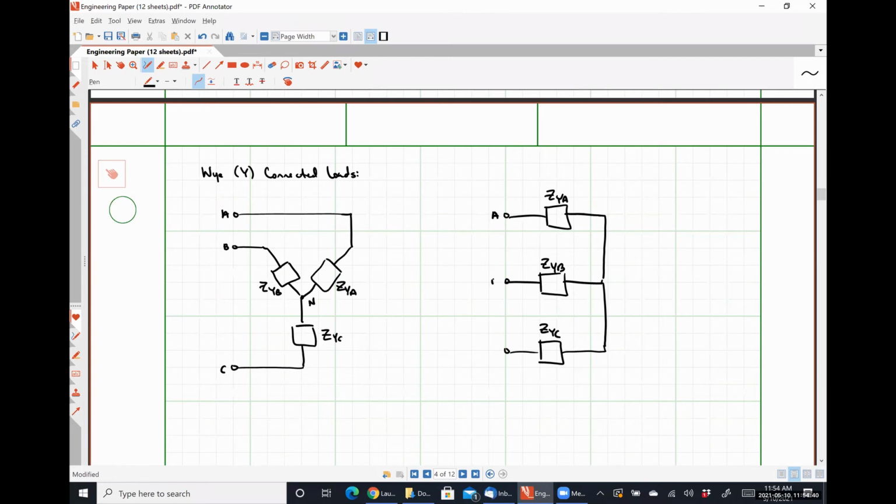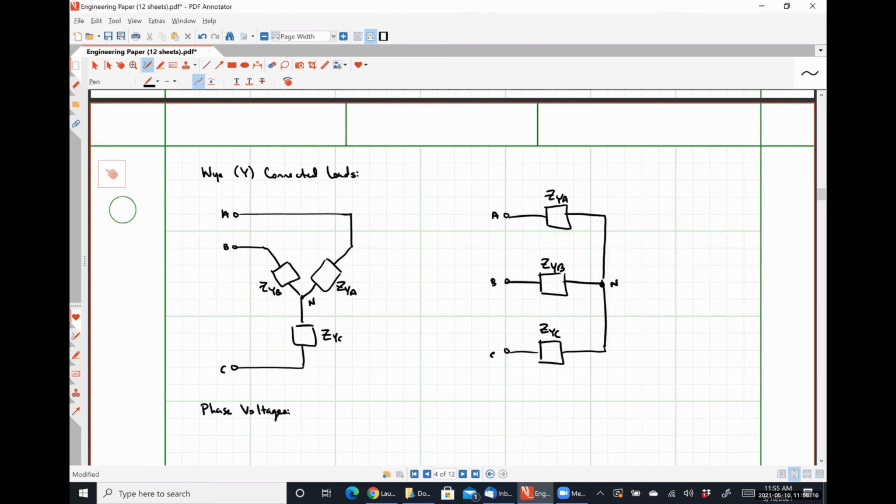This is A, B, C, and this point is N. So what are my phase voltages going to be? Incorrect. Those would be line voltages because they're measured between the transmission line terminals, right? My phase voltages are going to be the voltage drop over one phase.